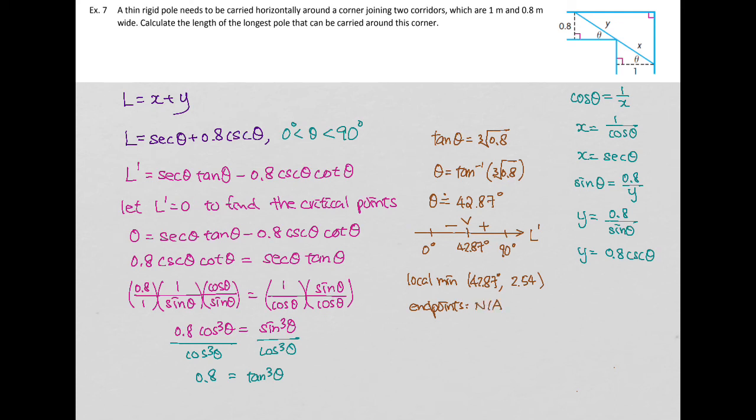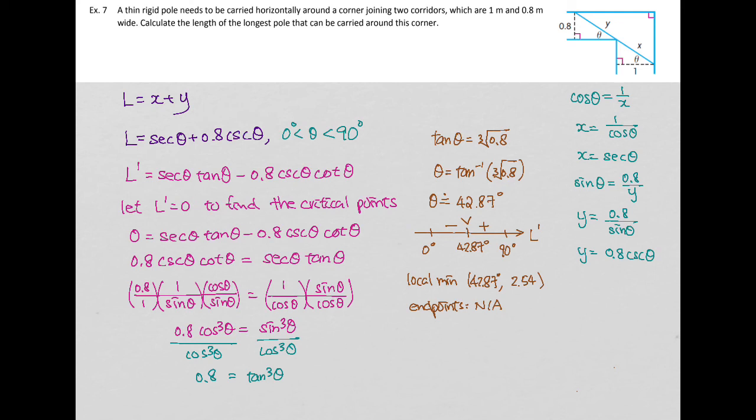As you can see, even though we are looking for the longest pole, mathematically it says this is actually a local minimum. The reason is this answer originally shouldn't have any boundaries around this. So this is a so-called special case.